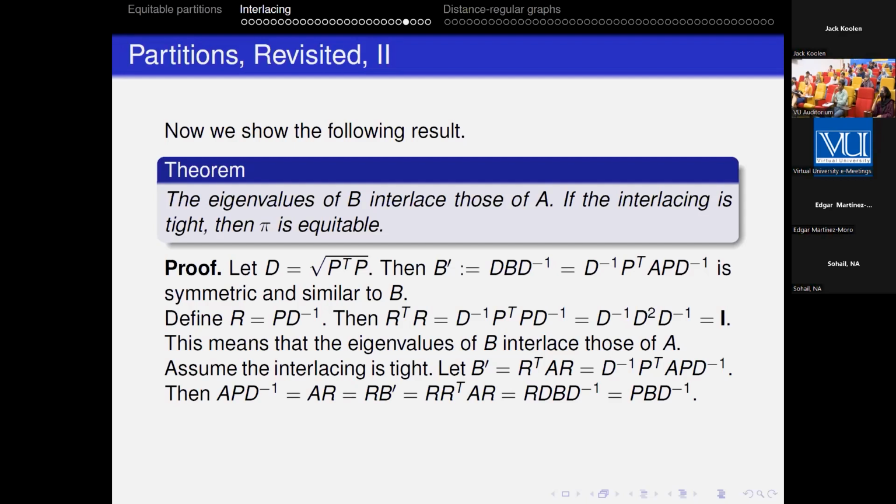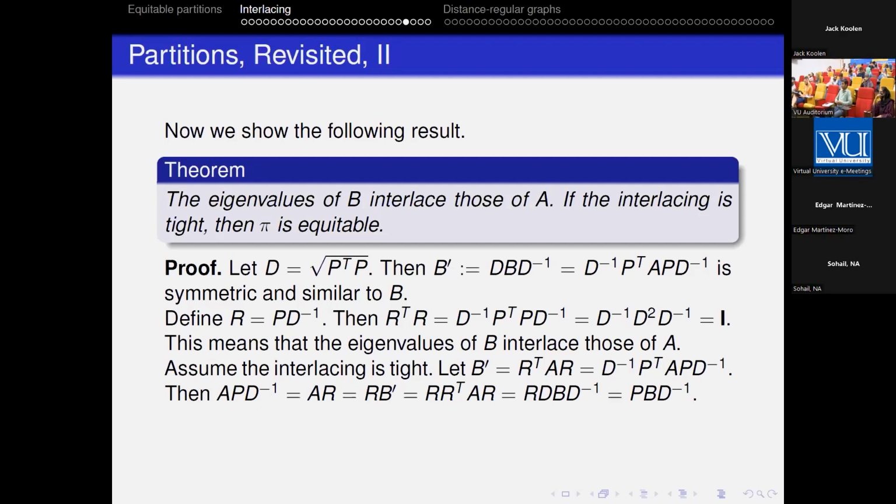And then you write B prime as R transpose A R, that is R D B D inverse, and that is equal to P times B D inverse.